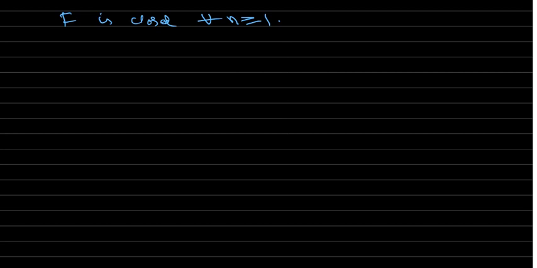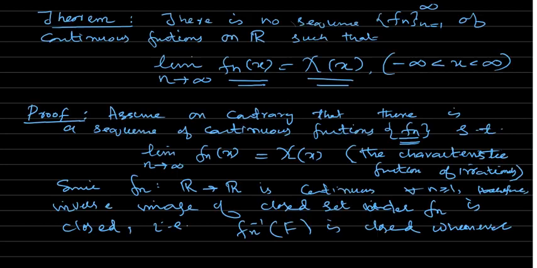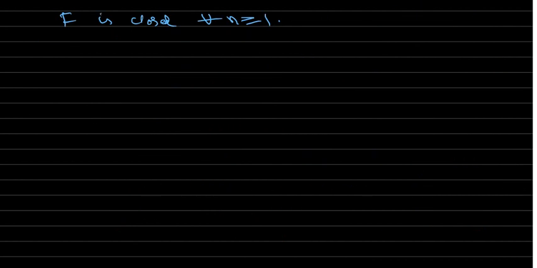Here the space is the same on both sides, both are real spaces. fn is a function from R to R. So they are closed. Okay, inverse images of closed sets are closed.